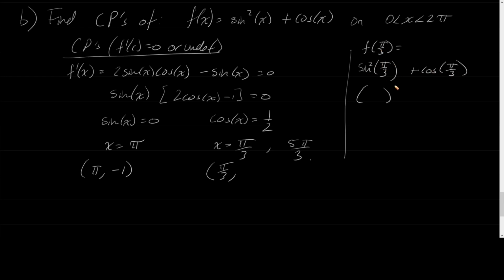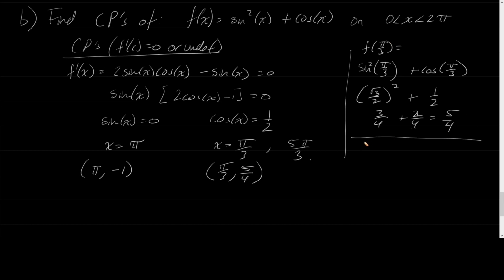Sine of pi over 3 is radical 3 over 2, and then we're squaring that. Cosine of pi over 3 is 1/2. Now, what does that give me? That gives me 3/4 plus, I'm going to write it as 2/4, which is 5/4. So there it is, 5/4.